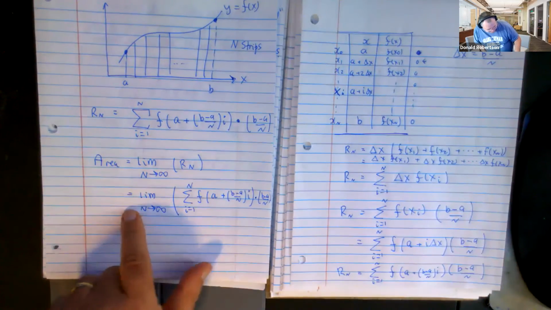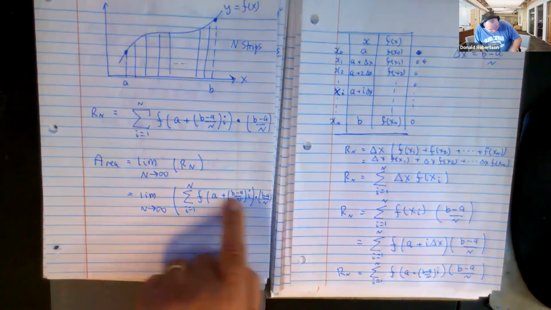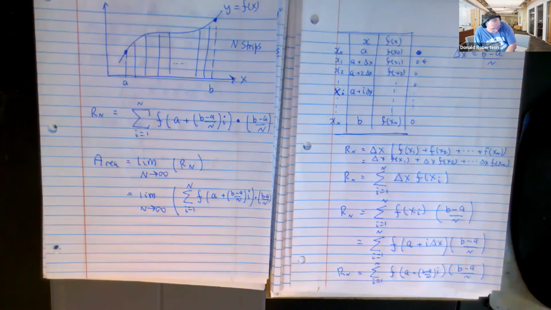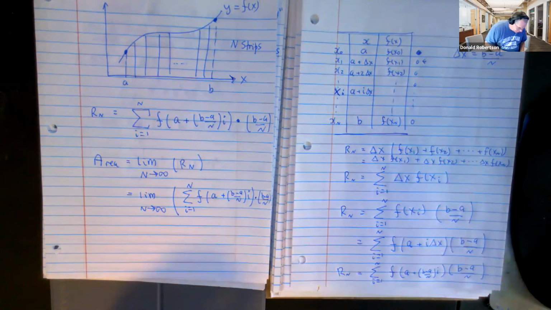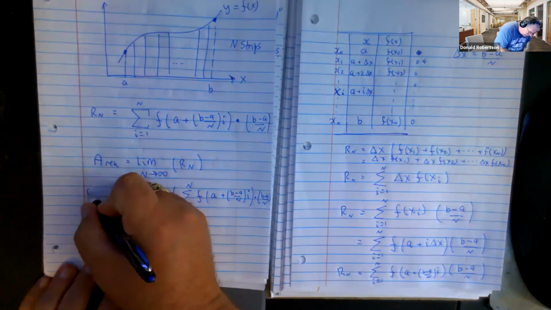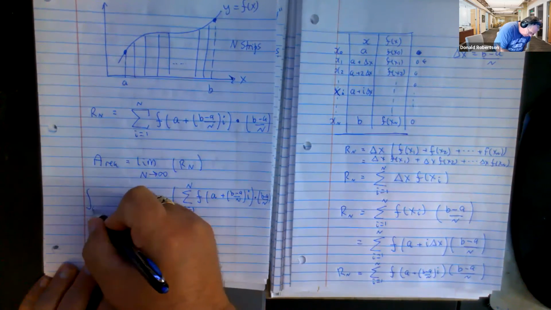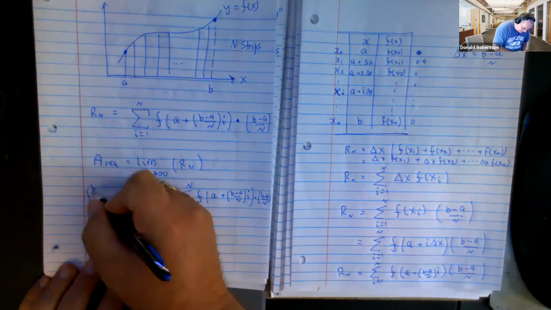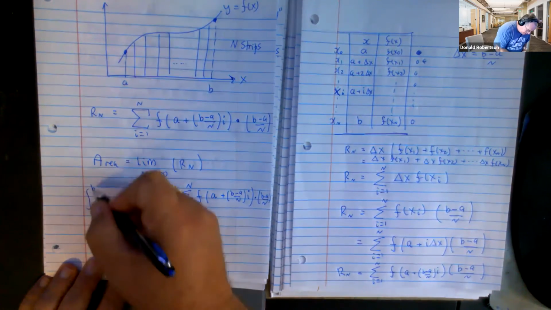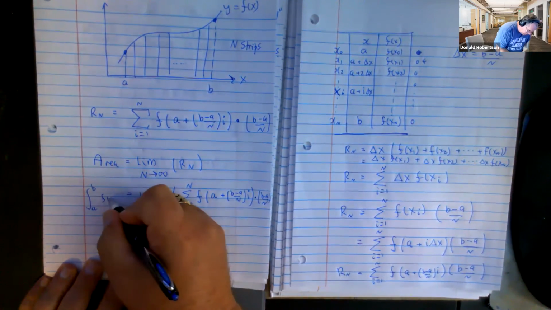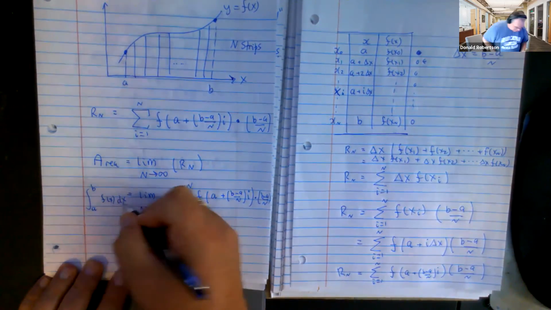And if we can find the limit of this ugly guy, we will have found the exact area under the curve. I'm going to change the notation to the integral from a to b of f of x dx.